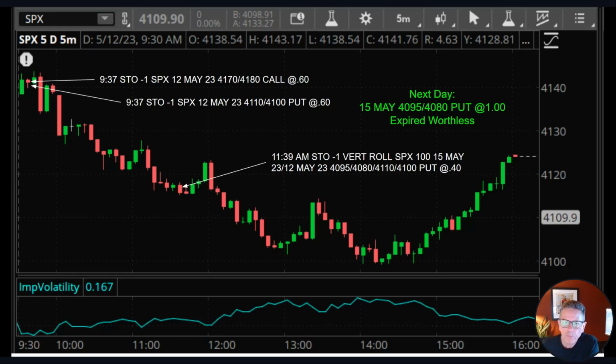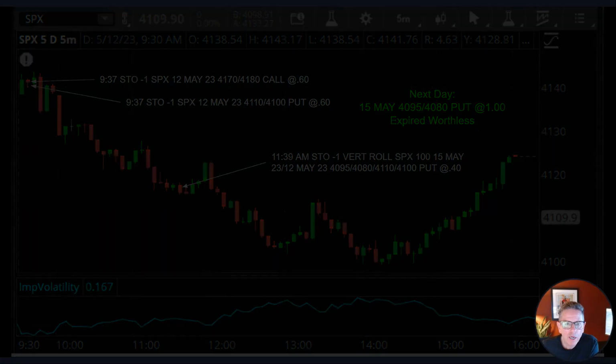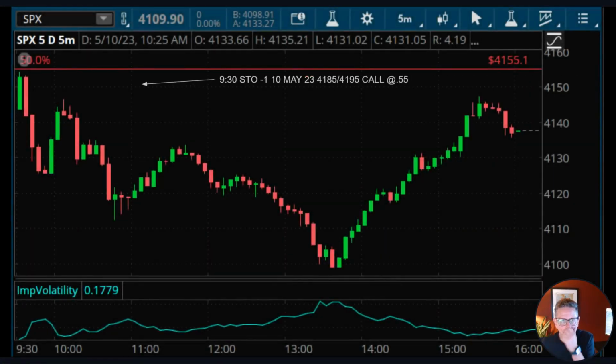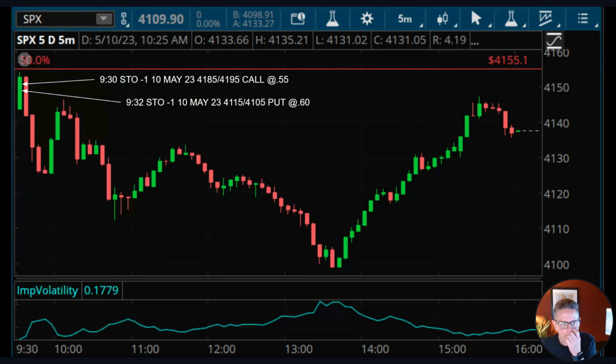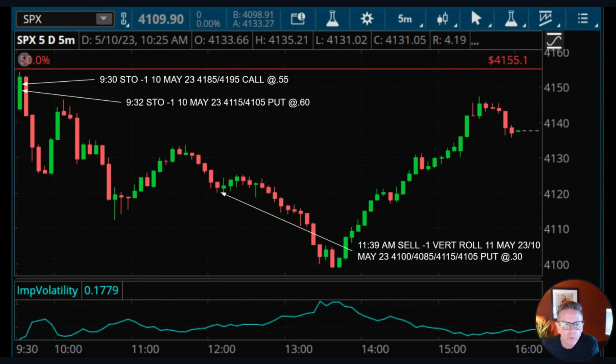Here's one here, 55.60, put and a call, and we rolled the trade again because the market went down, but you can see here that it went down and then it went right back up.